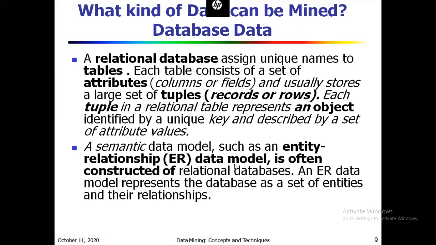So we have the relational database, which assigns unique names to tables. For example, in a database you have unique tables, and these tables consist of columns, which are called attributes.